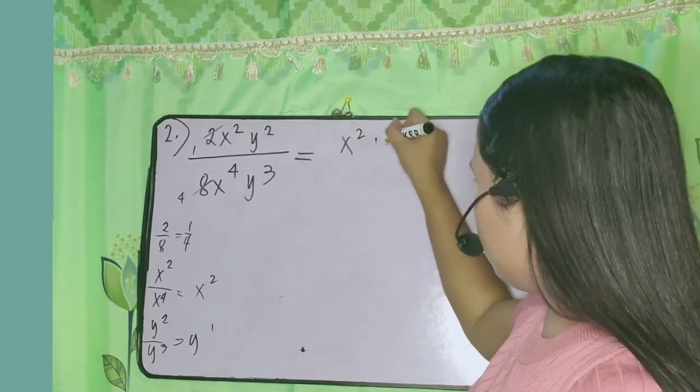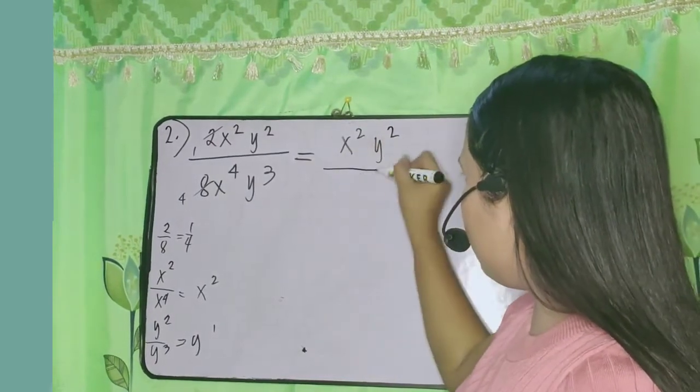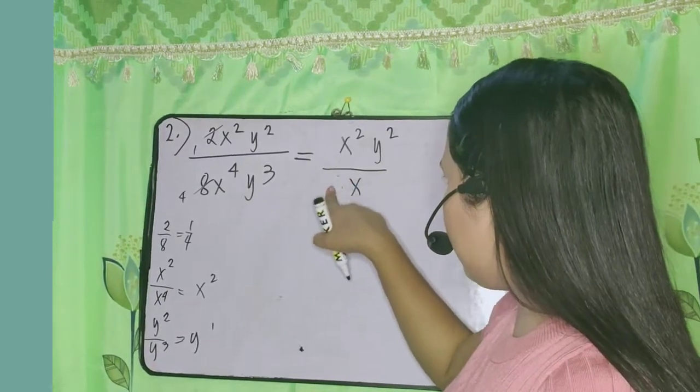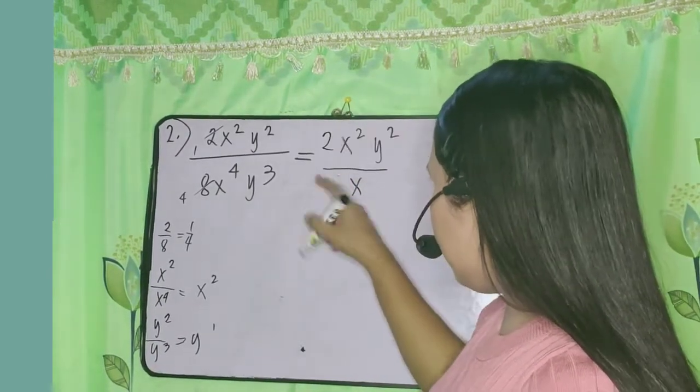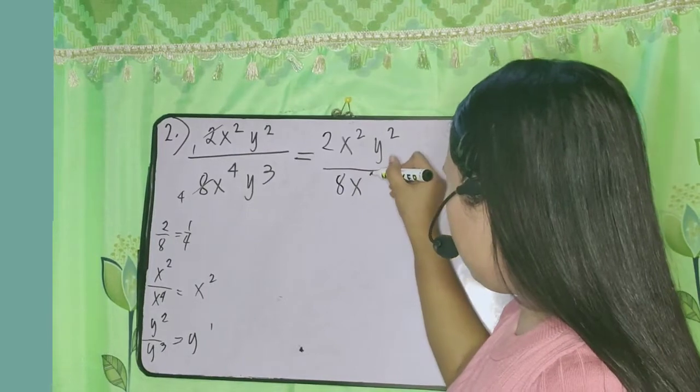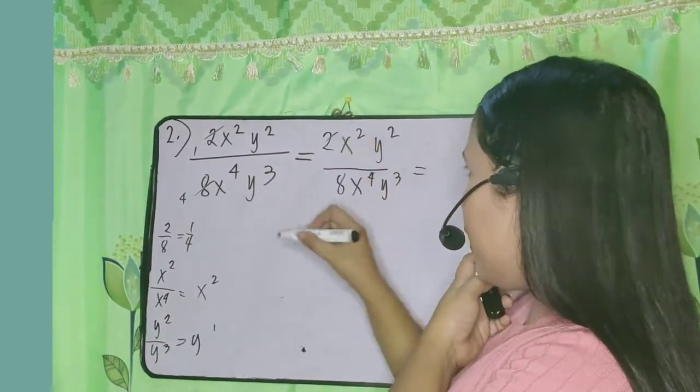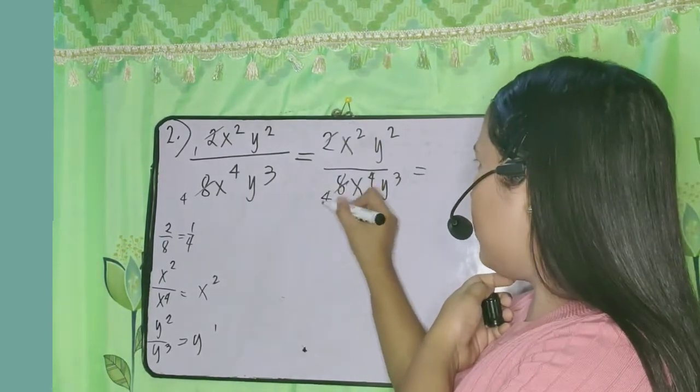x squared, y squared over 8x. Let's copy it first. So, we start at the start. Okay, so y cubed. So, we cancel out or factor it. So, 4, then 1.